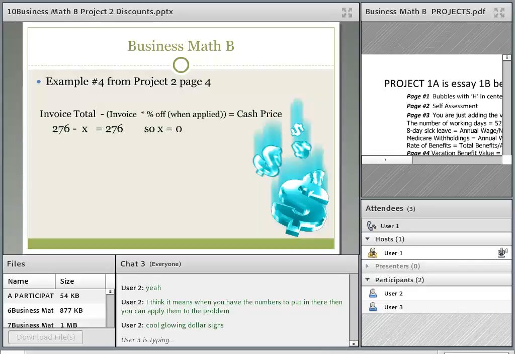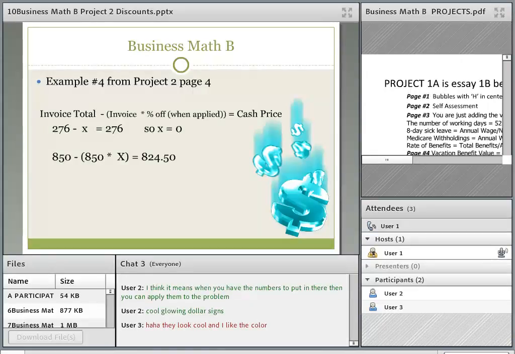So that one's kind of easy. That one's a little bit logical, even though we plugged them in. Line 3, we've got our starting invoice total. And we're going to subtract this invoice total times whatever rate it's going to have, and it gives us the ending cash price.